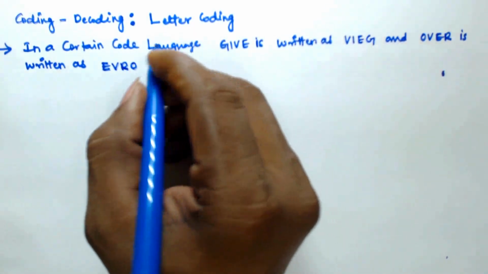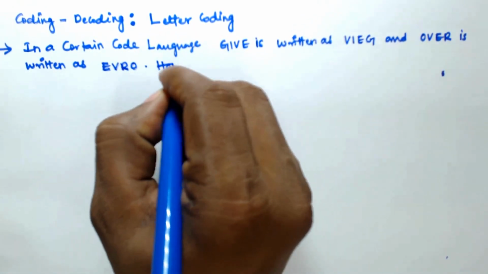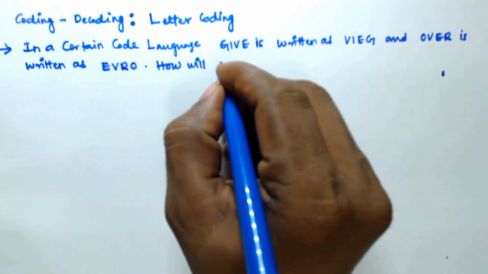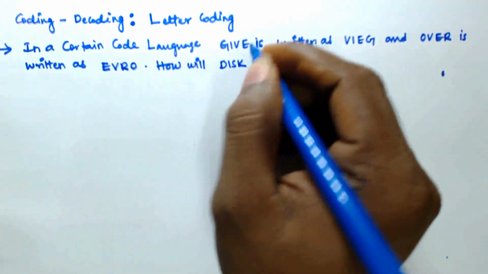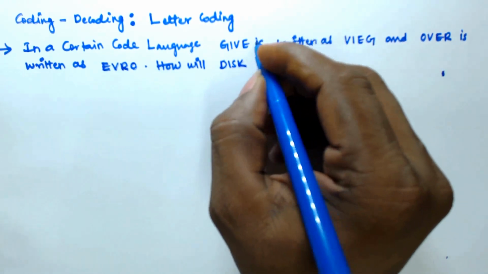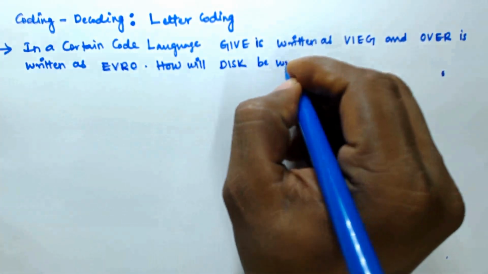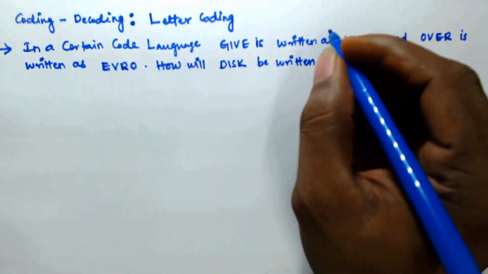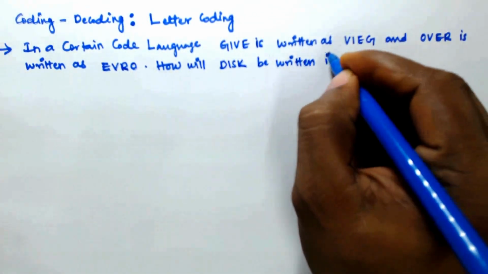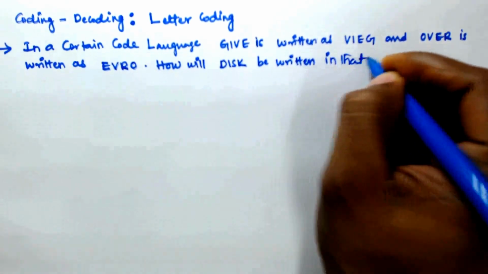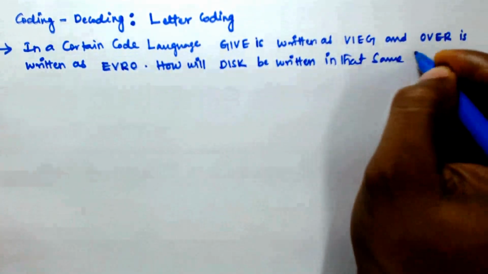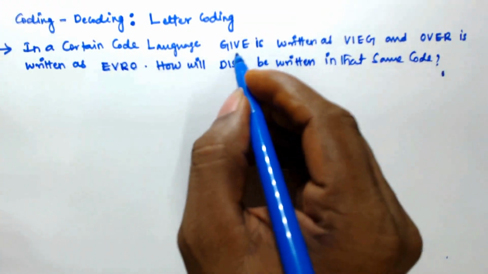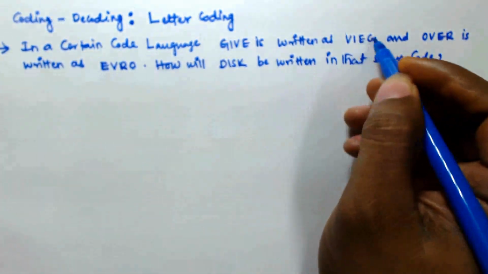Over is written as EVRO. How will DISK be written in that same code? Okay, so if you observe, GIVE is written as VIEG.